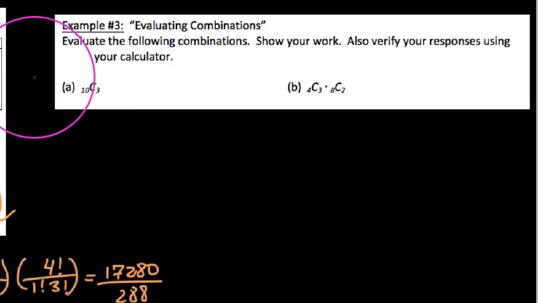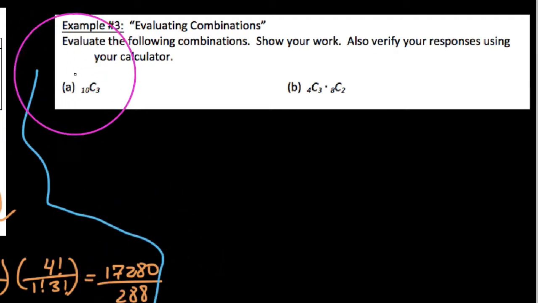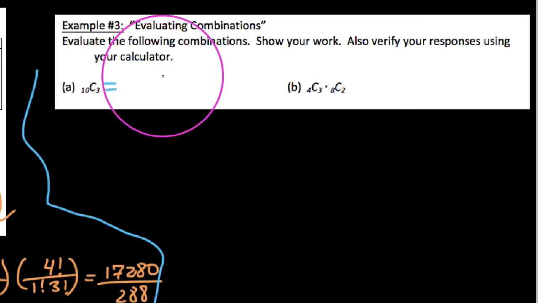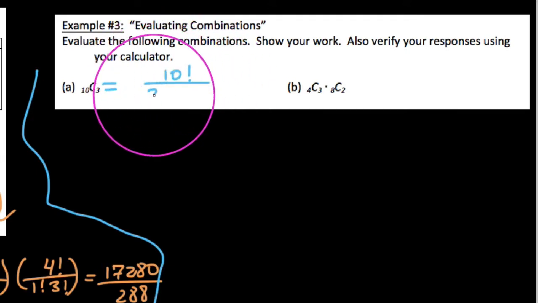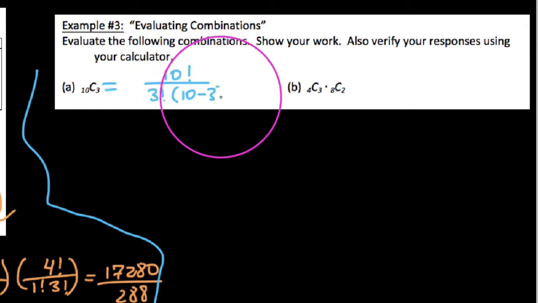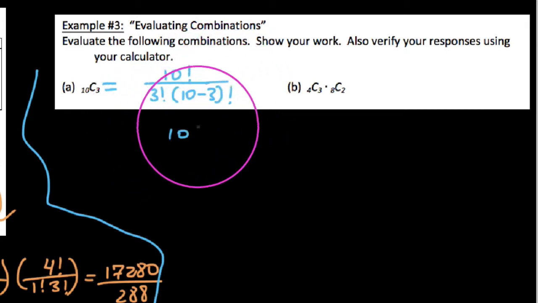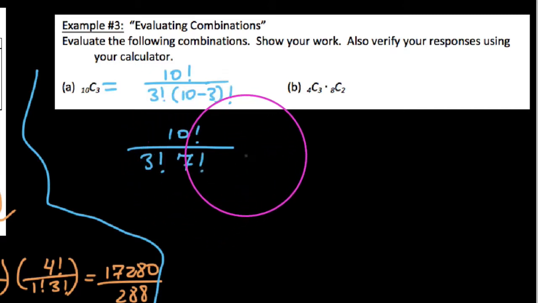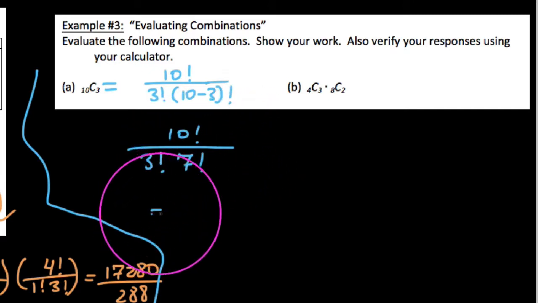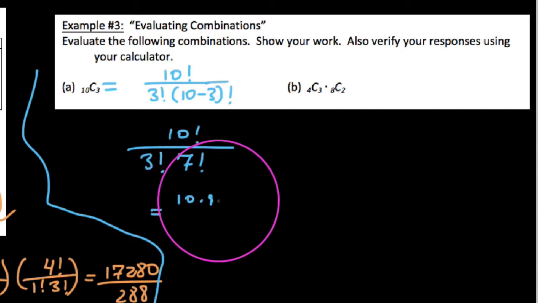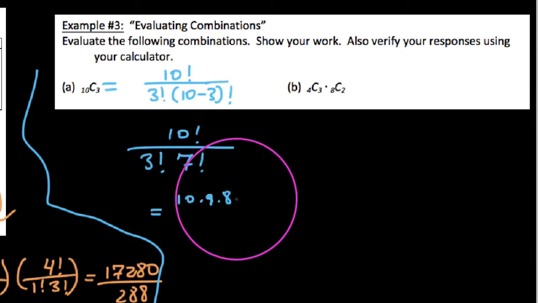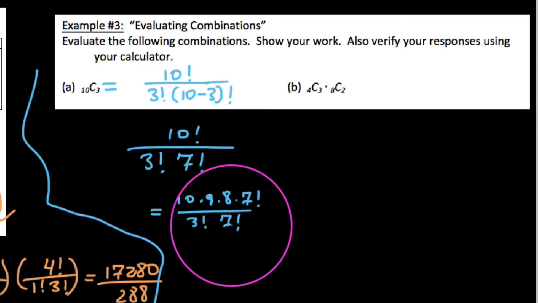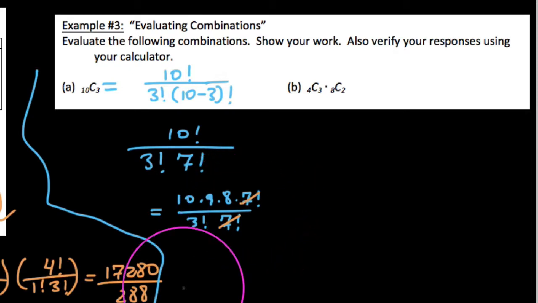But yeah, when you look at example number 3, we're saying, how would I do these? Really, we can show our work, and I want to show my work on this first one here. Again, 10 choose 3 would be 10 factorial over 3 factorial, 10 minus 3 factorial. Simplifying this, we get 10 factorial over 3 factorial, 7 factorial. On a normal day when I show my work, I would split the top up: 10 times 9 times 8 times 7 factorial all over 3 factorial, 7 factorial, where you can see that we can slice the 7 factorial out.